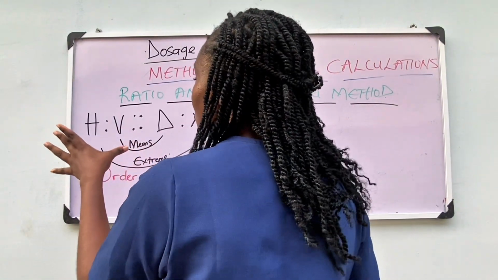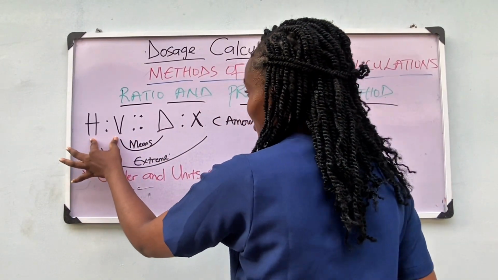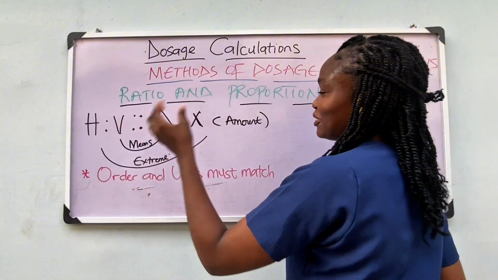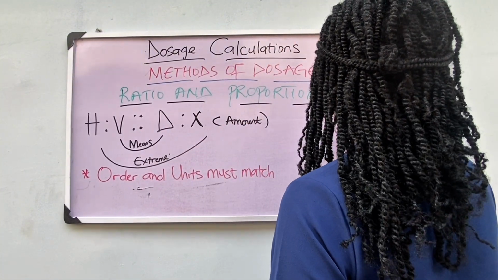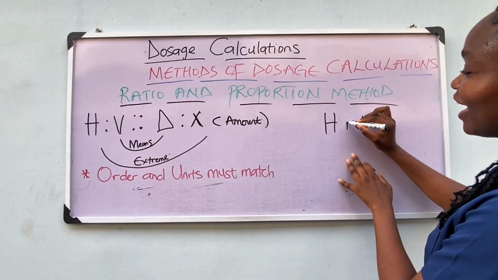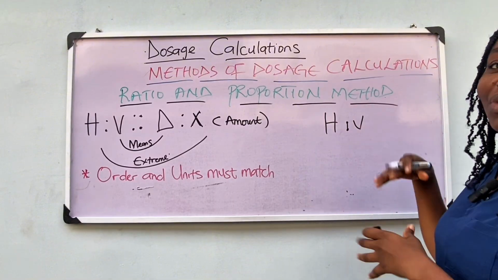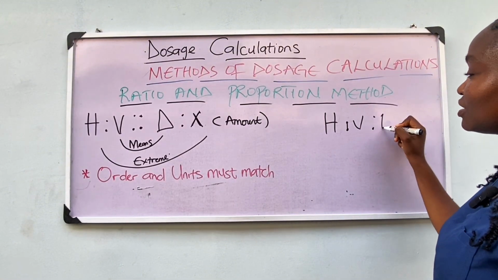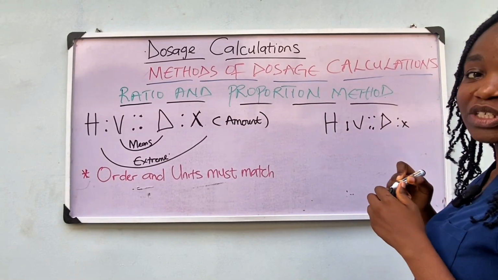Over here, I want you to take note of something. We have H ratio V. How do you want to put this to memory? Just think of HIV. Imagine the I in between becoming the ratio. That's H ratio V. Then the remaining things we have, which is the drug desired, will be ratioed to the X, which is our amount.